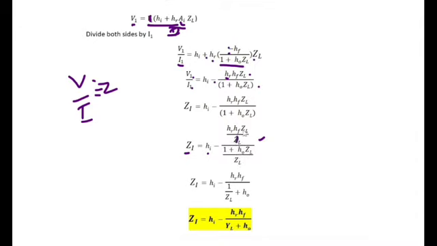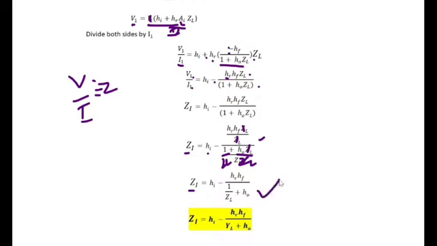Here the ZL and ZL cancel, and the final equation is ZI is equal to HI minus HR HF by 1 by ZL plus HO.